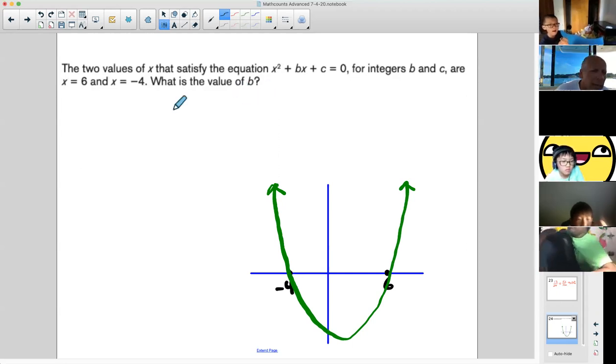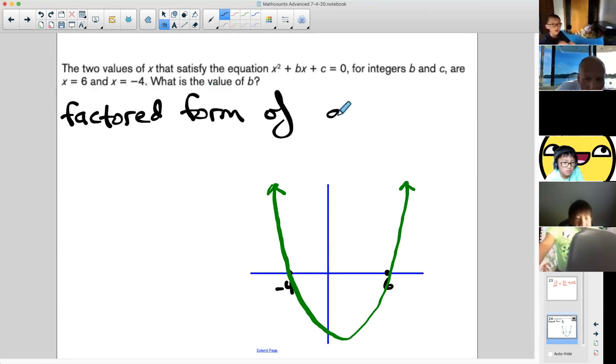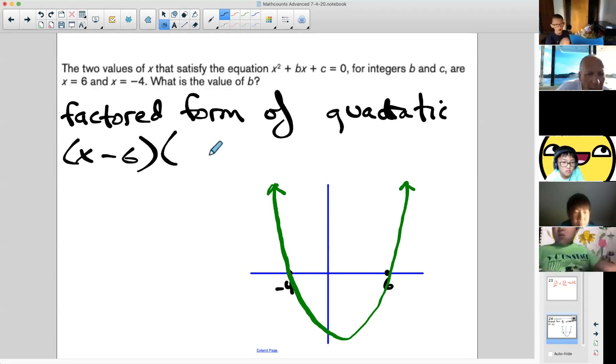Or you could use what is called the factored form of the quadratic, which is x minus 6 times the quantity x plus 4, and that is going to be set to 0.